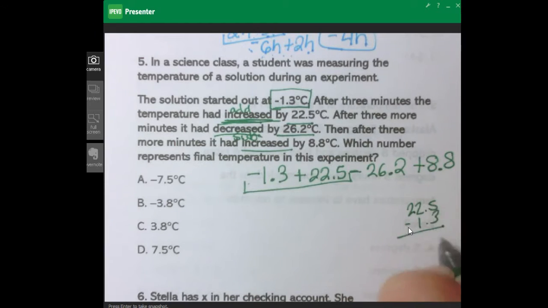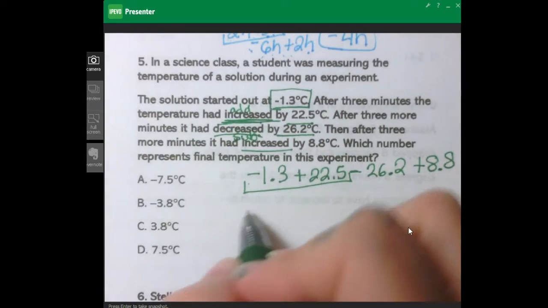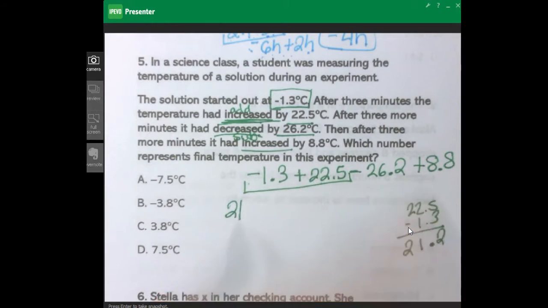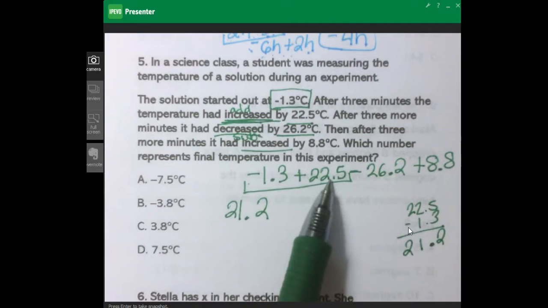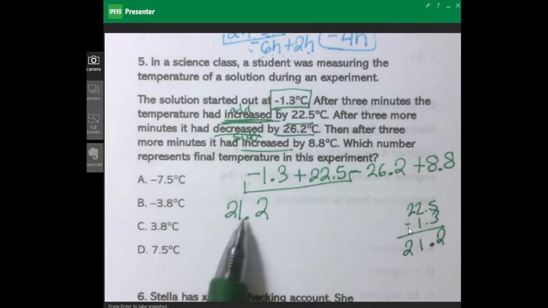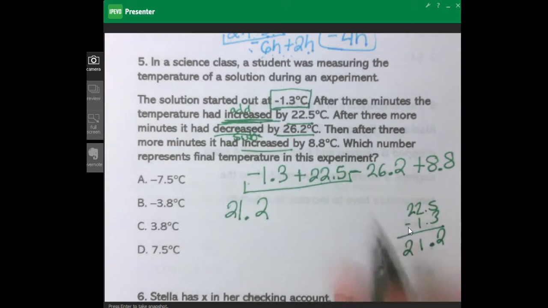So 3 from 5 is 2. Bring down my decimal. 1 from 2 is 1, and I can just bring down that other 2. So now I have 21.2, and 22 is bigger, so this is going to stay positive.